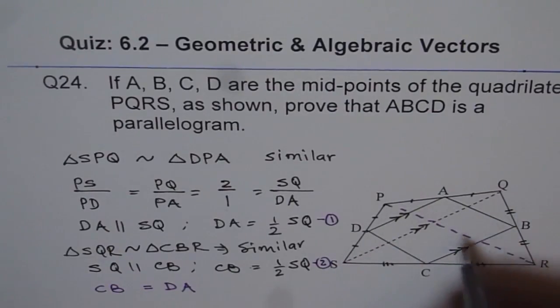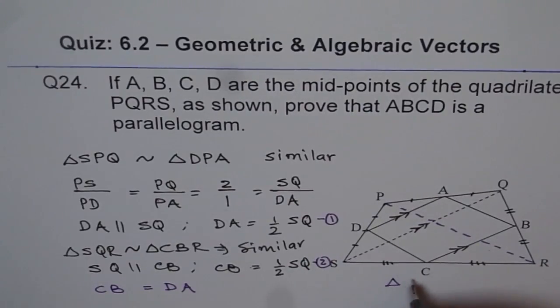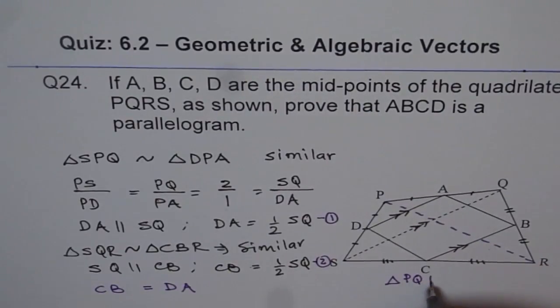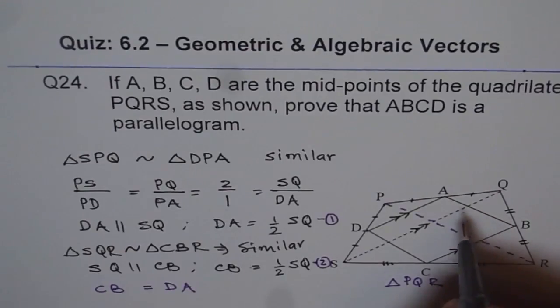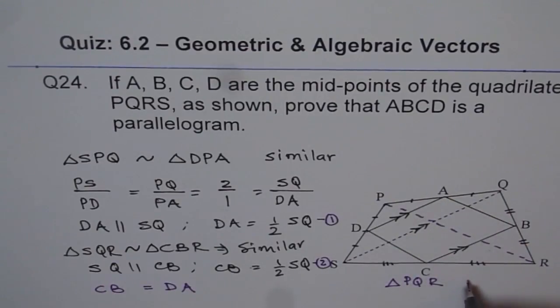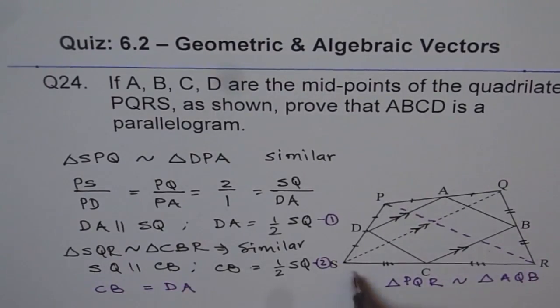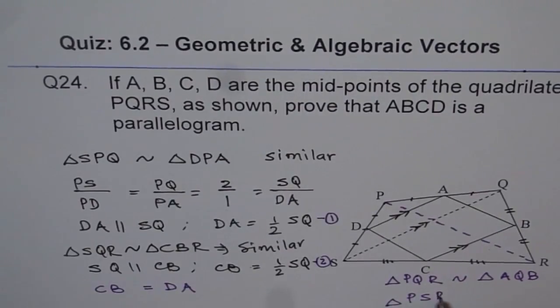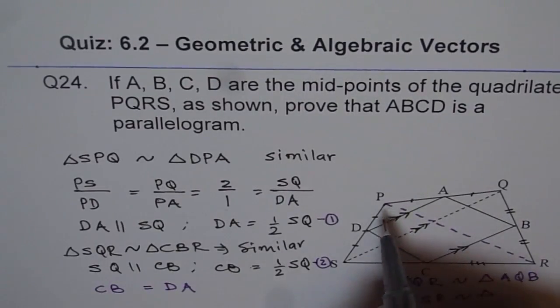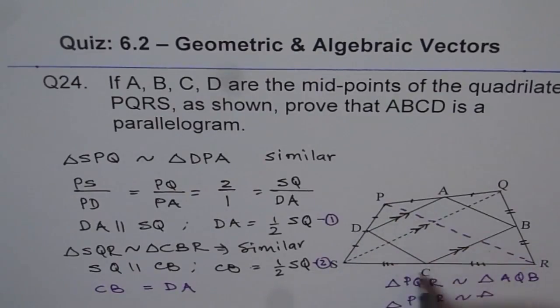What I'm trying to say is that when you join PR, you'll see that triangle PQR is similar to triangle AQB, and then on that side, triangle PSR is similar to triangle DSC.